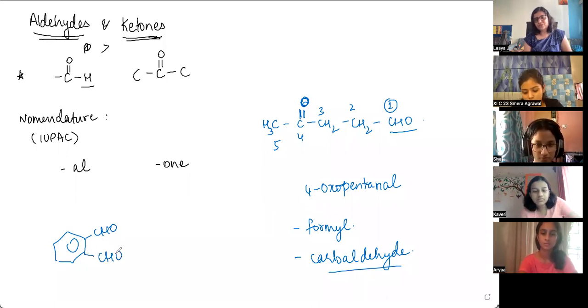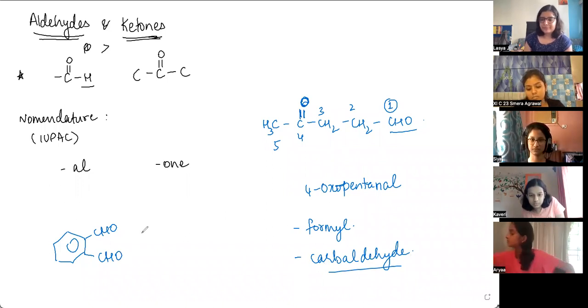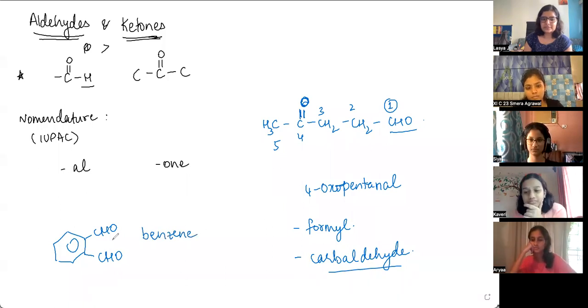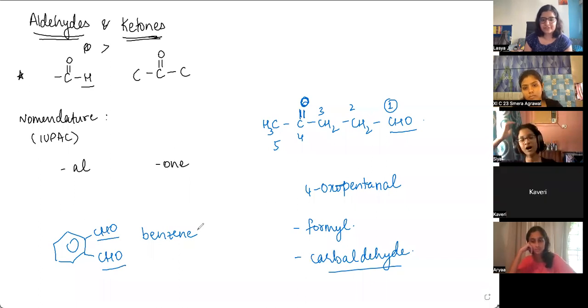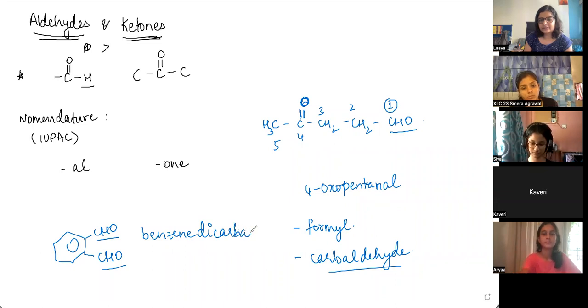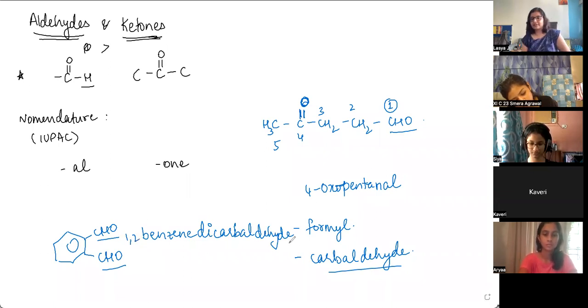If there are two CHOs, that's where you end up getting carbaldehyde. So this will be benzene, because there's a benzene ring, and two CHO groups, specifically benzene dicarbaldehyde. Actually, it'll be 1,2-benzenedicarbaldehyde to show their position numbers also.